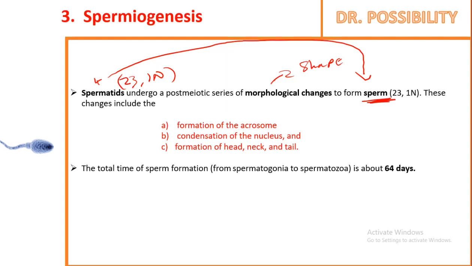So every day there is a continuous formation of sperm. Every sperm that you see today was formed like 64 days ago. So the process started 64 days ago, from the spermatogonia to the spermatozoa. The word spermatozoa can also be said to be the sperm. From the spermatogonia to the spermatozoa.